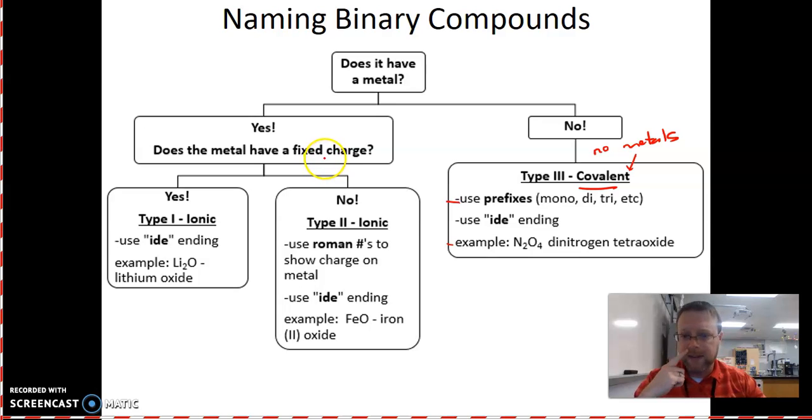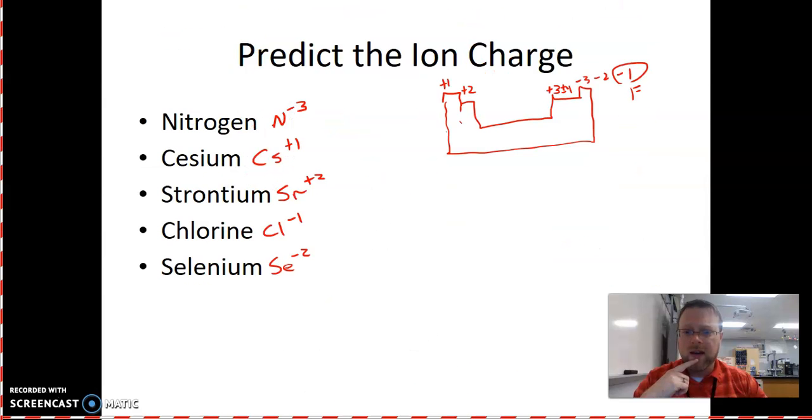So let's take a look at a couple of examples. Metals can have fixed charges. When we say a charge is fixed, we're saying that a charge is predictable. Like I was saying at the beginning, if your metal is in one of these columns that has a predictable charge, or there are three metals that are predictably charged here, zinc and cadmium and silver, I believe, those three metals are predictably charged at +2, +2, and +1.